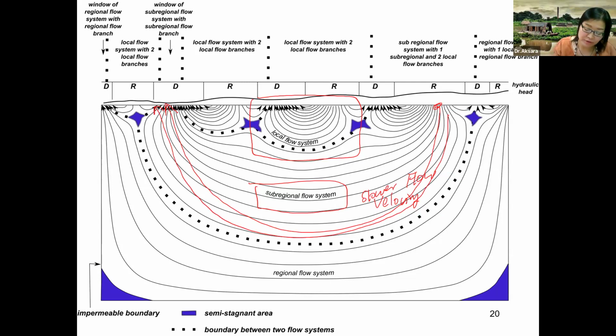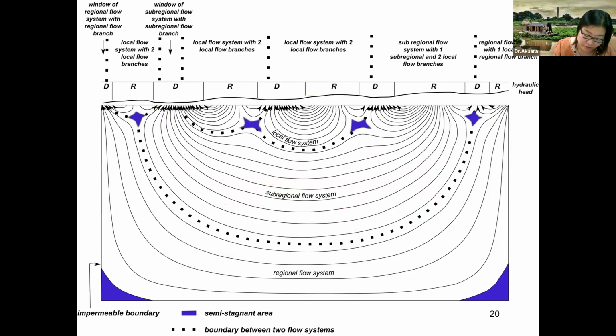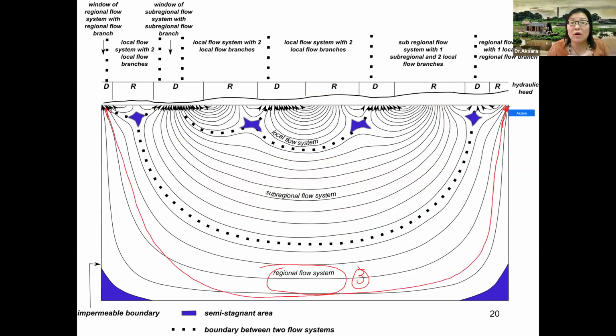So you see that the first one is the local flow system, with a smaller area, and then we have the middle scale flow system, which we call the sub-regional flow system, with a longer flow path and slower flow velocity. And the last one, the third one, we call the regional flow system. You see that it covers a larger area from one part to another, with a very, very long flow path and slower velocity as well.